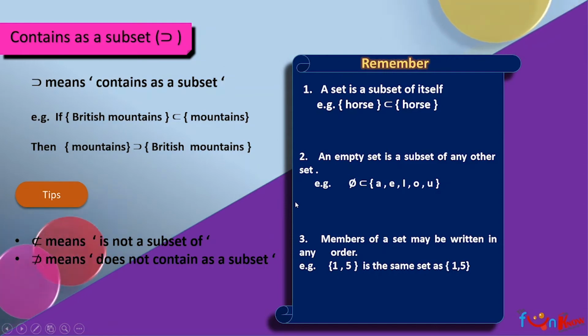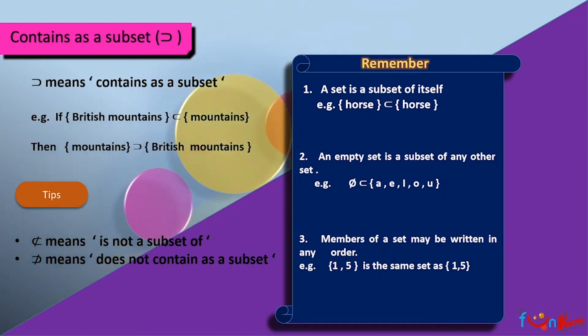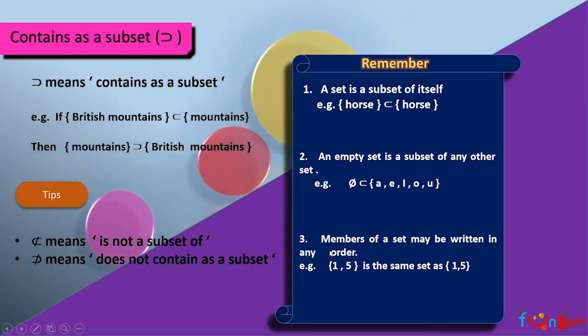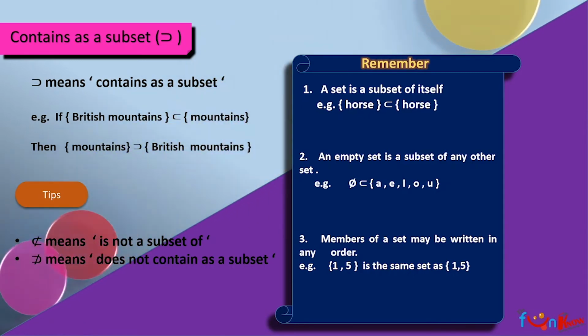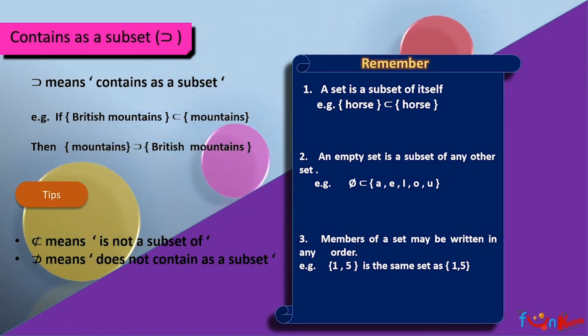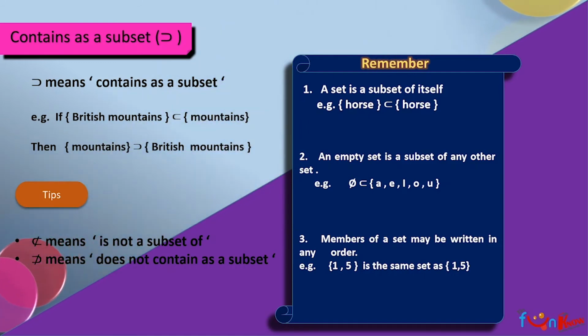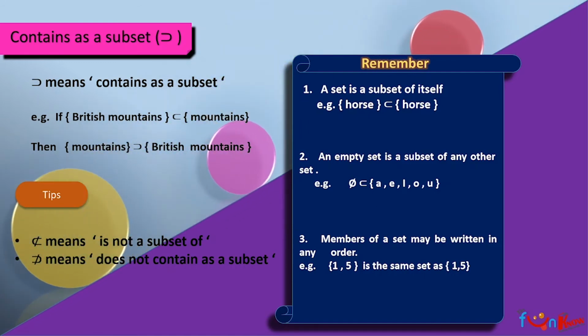There are chances that there is an empty set over there, and that is a subset of other sets. The third one you have to remember is that members of a set may be written in any order. That means inside one set, if you're writing 1 and 5 or 5 and 1, you can consider it the same. So 1 comma 5 and 5 comma 1 is the same.